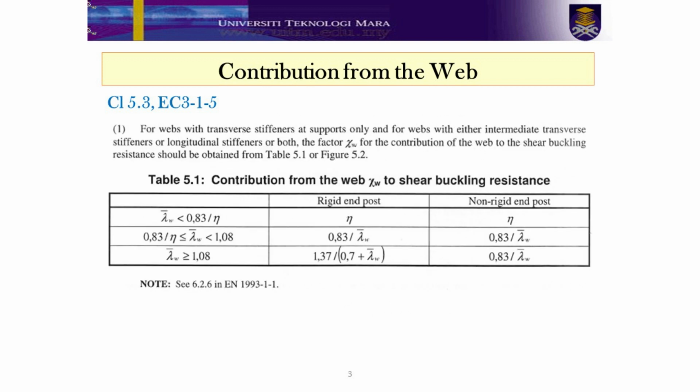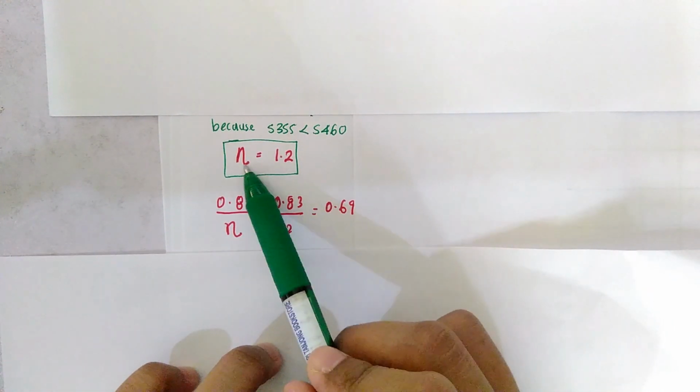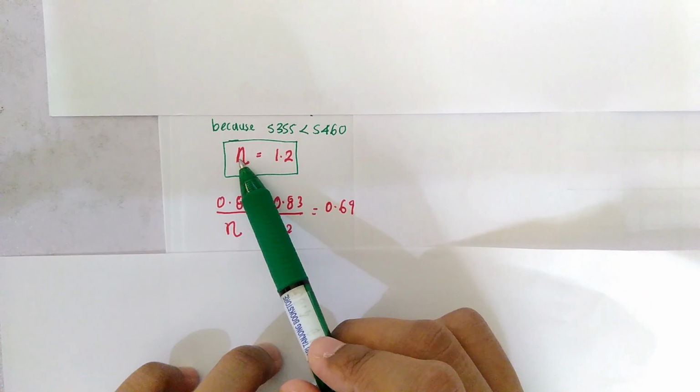Okay, now let's refer to table 5.1. If you look at table 5.1, our condition is the non-rigid end post. So for the non-rigid end post, firstly, we need to check whether the slenderness parameter is lesser than 0.3 over eta or not. In this particular case, what is the value of this parameter?